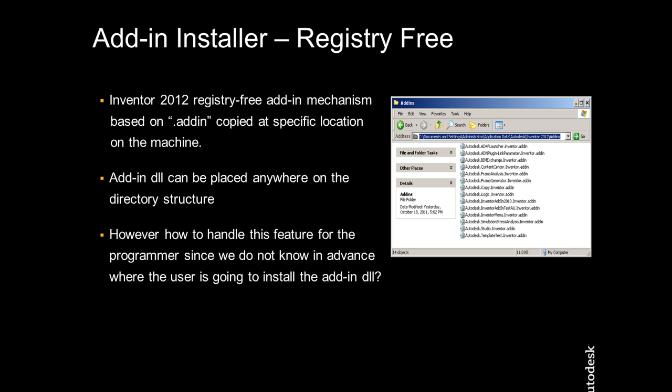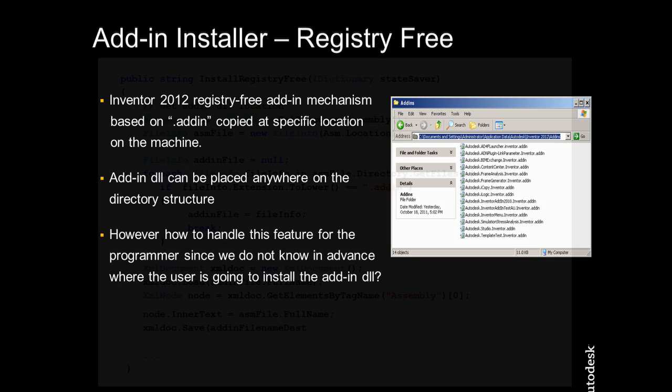However, the add-in DLL and support files can be placed anywhere in the system, and you probably want to let the user choose that location during the install process. So you may wonder how you can handle this, as the .addin file has to be updated with the correct location of the DLL, which is obviously known only during the install time.